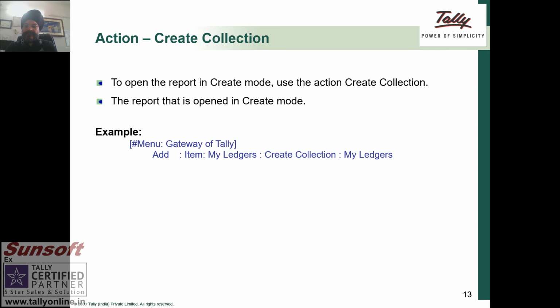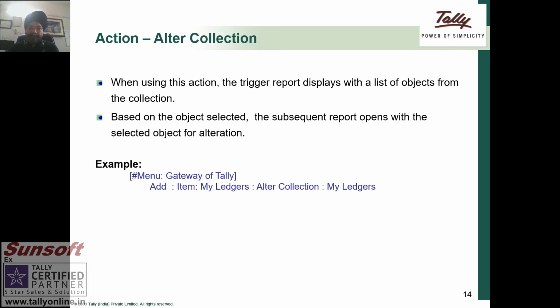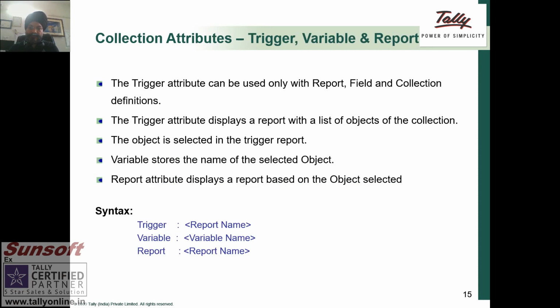Create collection is used if you want to create a collection, and similarly for altering the collection, alter collection is used. Trigger variable and report are the attributes which are used for the trigger report. When we move to the trigger report, we'll see how this runs.